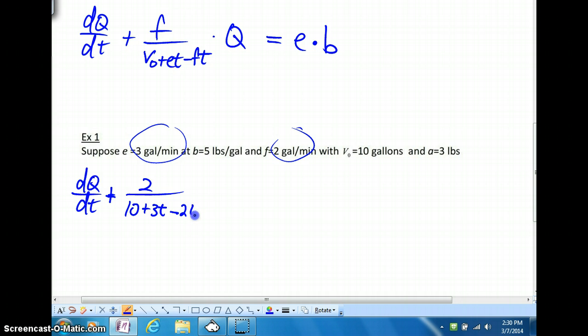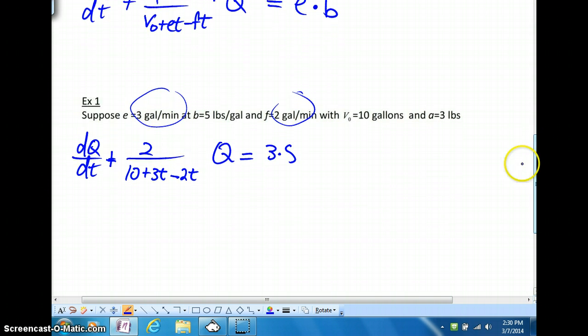That's your F. That's 2. And we'll multiply that times Q. And we'll say E times B. Well, E times B, that's 3 times 5. Well, do you know what? The setup is virtually done. We're going to have to go ahead and find an integrating factor. Let's see, 3t minus 2t is just, thankfully, 1t.